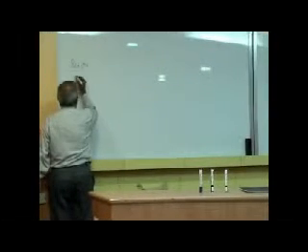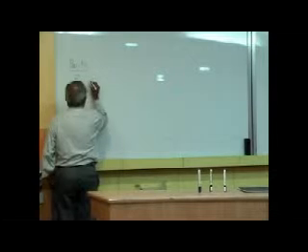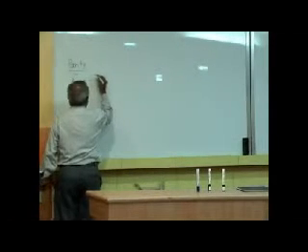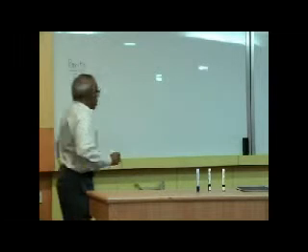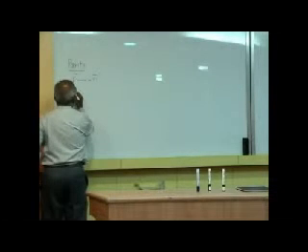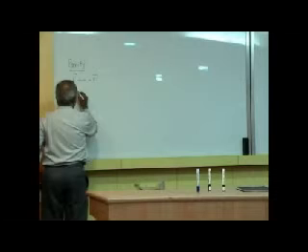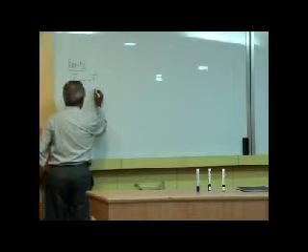And let me talk about parity in classical mechanics. Here, the operation of parity consists of replacing r by minus r. So, my velocity will get replaced by minus v.